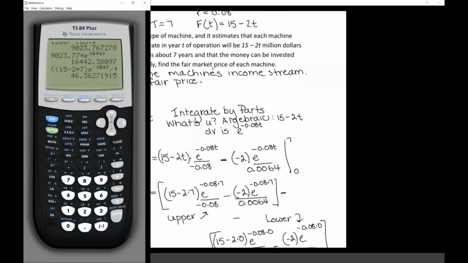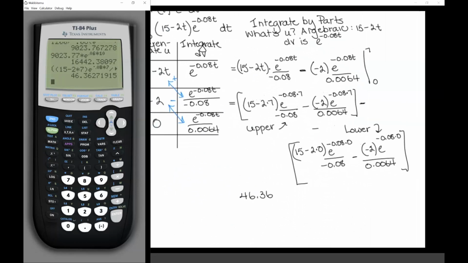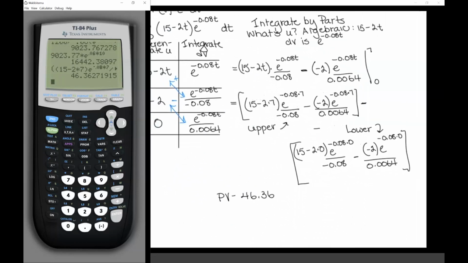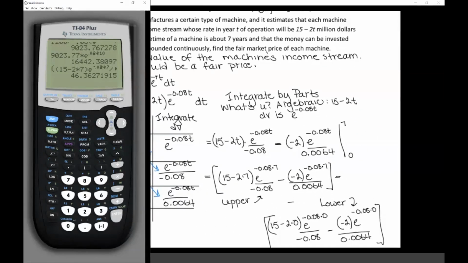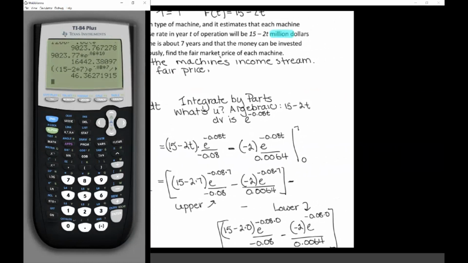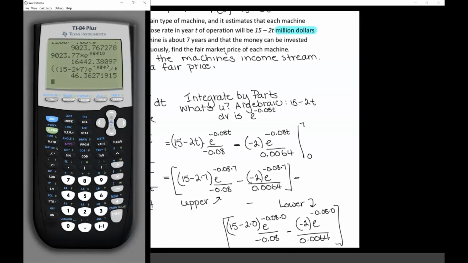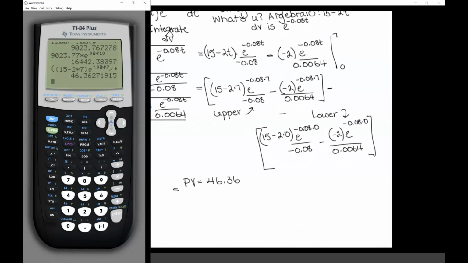Now 4636 is present value. But remember, it's not in dollars. Go back up and take a look. It's in $1 billion, so this is scaled by millions.